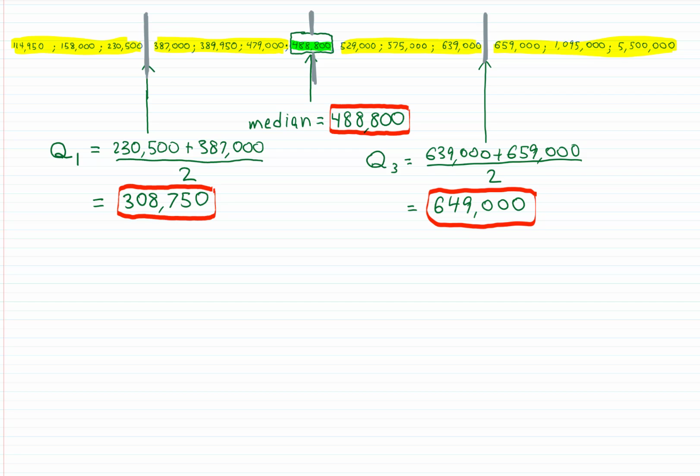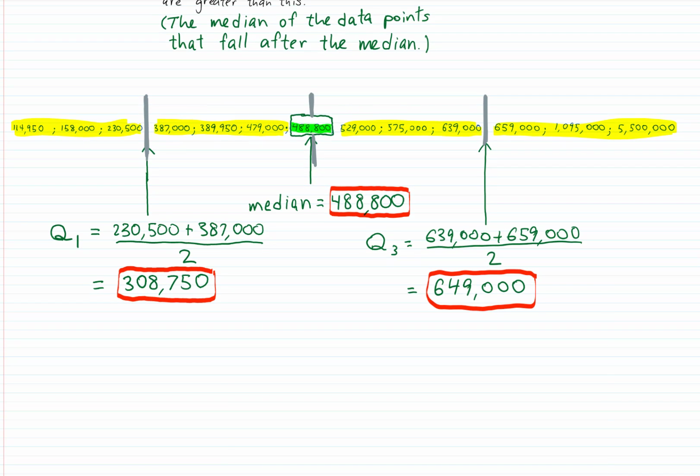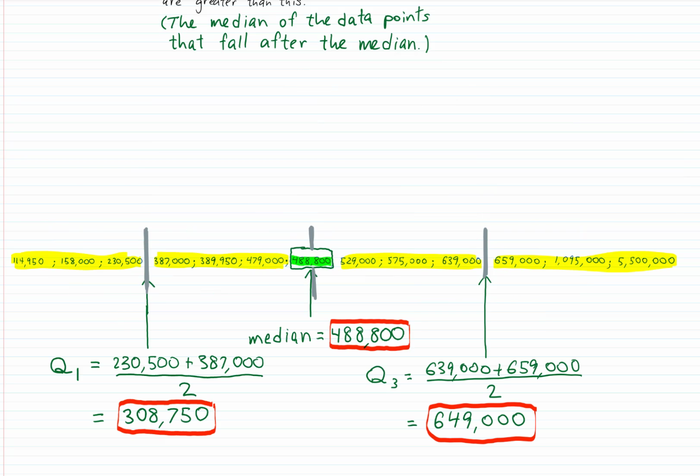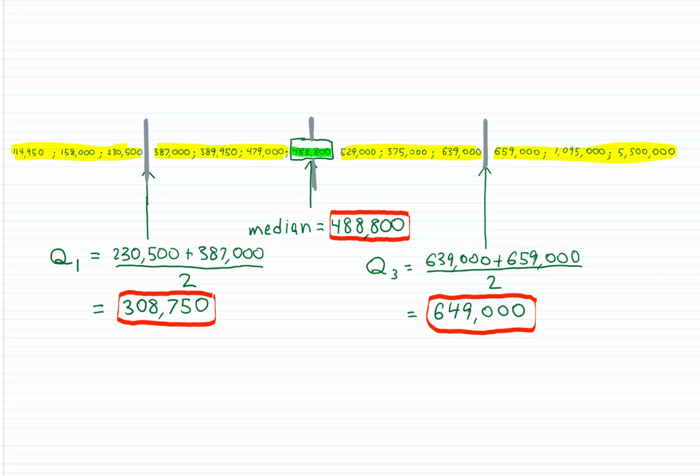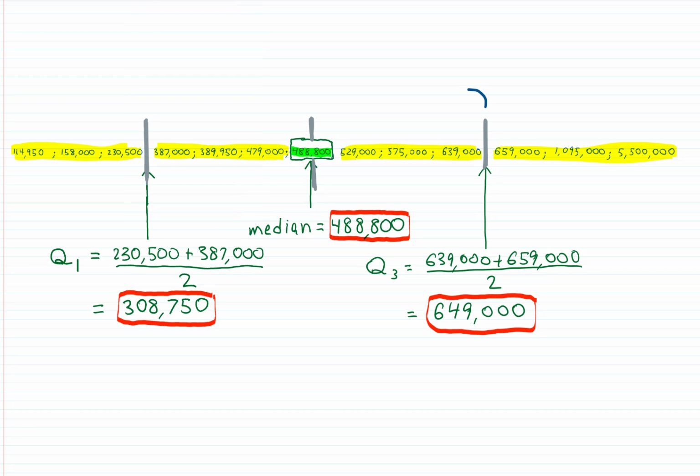There's also something very important called the interquartile range, which is the distance, let's do this in blue, the distance between these two, is called the interquartile range, or what the book calls IQR.